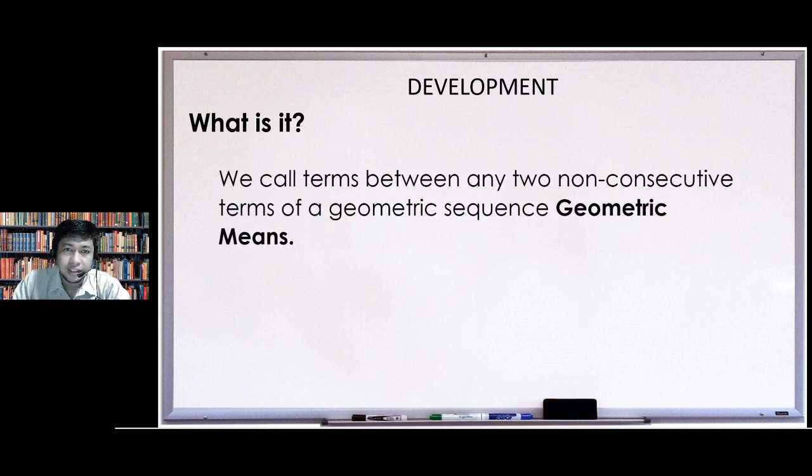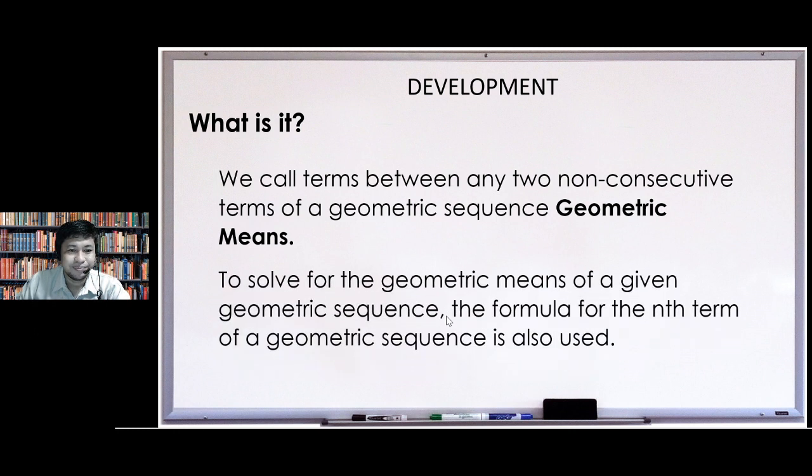Now, what are geometric means? We call terms between any two non-consecutive terms of a geometric sequence geometric means. To solve for the geometric means of a given geometric sequence, the formula for the nth term of the geometric sequence is also used.